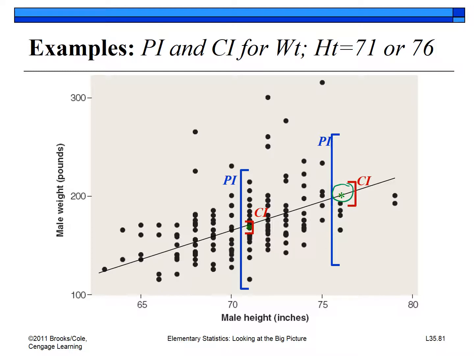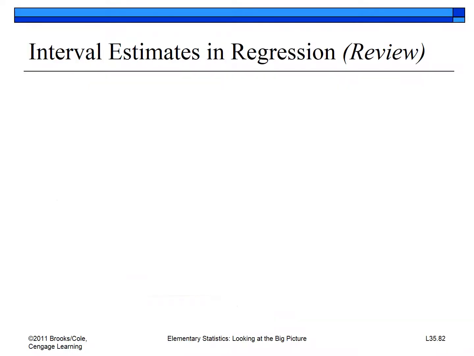Out near the edges, that's at a height of 76, there's not as much data to go on. That means we're less confident about where the mean will be. The prediction interval is still about the same, but the confidence interval for the mean is going to have to go up a bit.